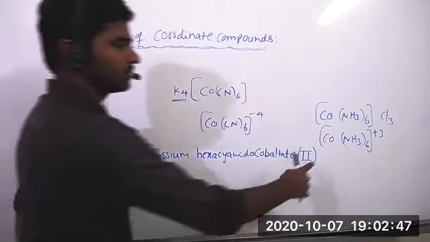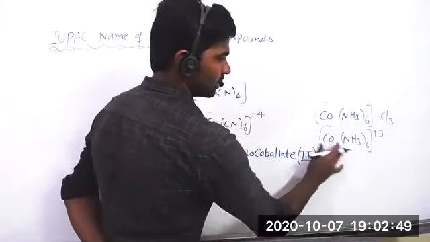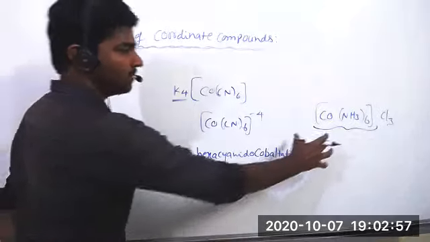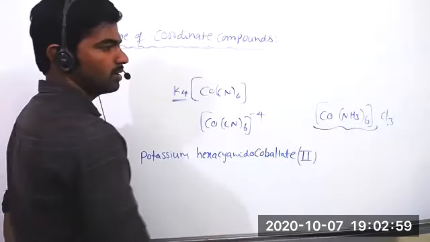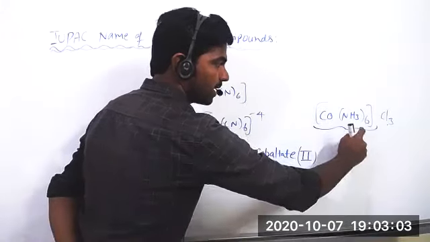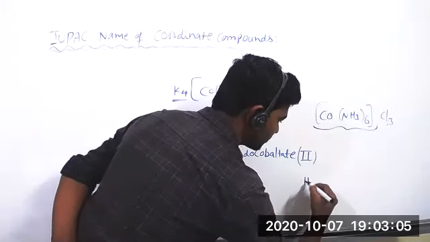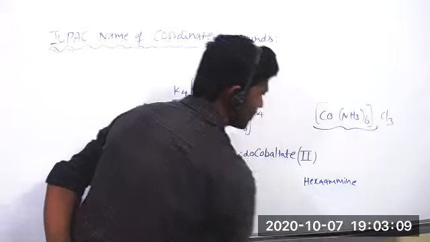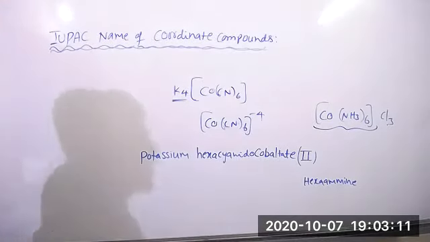See now this one. Now this is the positive part, and chlorine is the negative part. First, always write the positive part. In the complex also, first we write the ligand name: hexa, amine. 6 ammonias are there, so hexaamine.